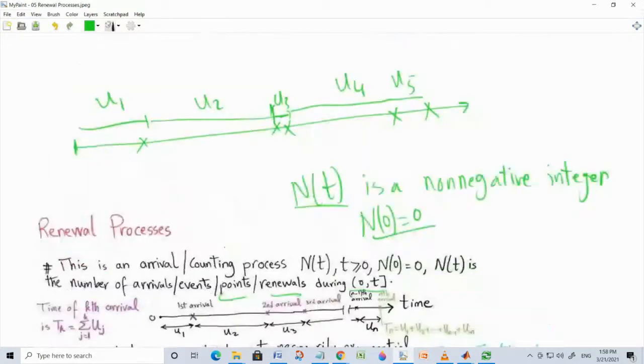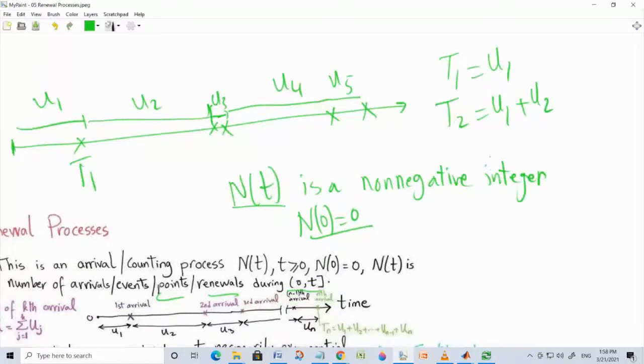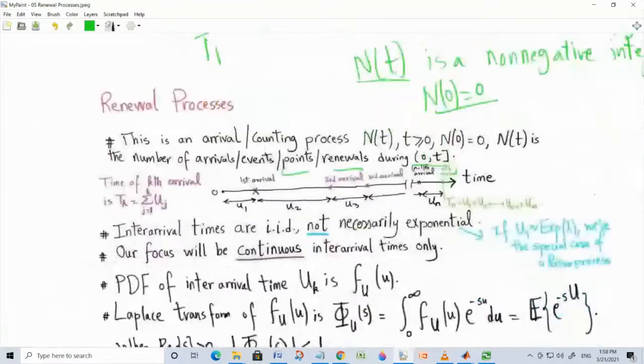Now, T1 is the time of the first arrival, so T1 is equal to U1. T2 is the time of the second arrival, and so it is equal to U1 plus U2. T3 is the time of the third arrival, so this is U1 plus U2 plus U3, and so on and so forth. So Tk is the summation from j equals 1 to k of Uj.